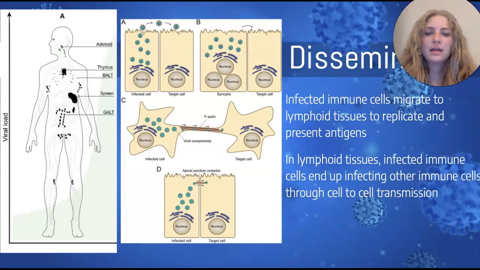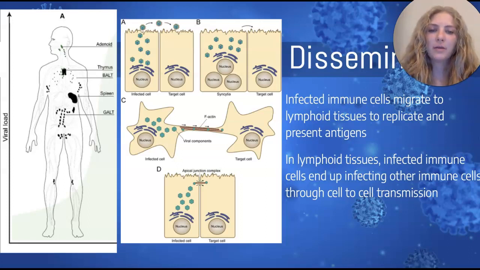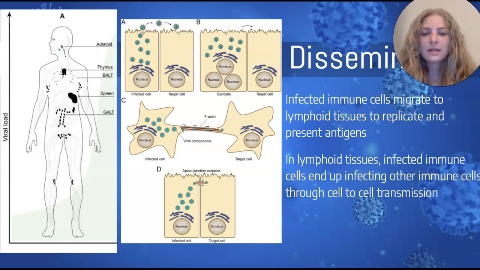So once the immune cells have been infected, they travel to other lymphoid tissues, and in other lymphoid tissues, other immune cells are present. And so when these infected immune cells travel to lymphoid tissues, they end up infecting other immune cells.